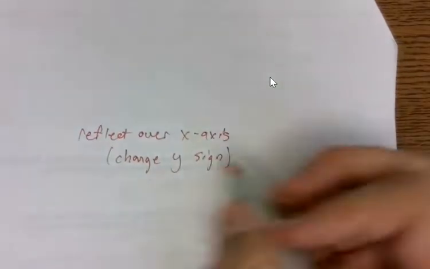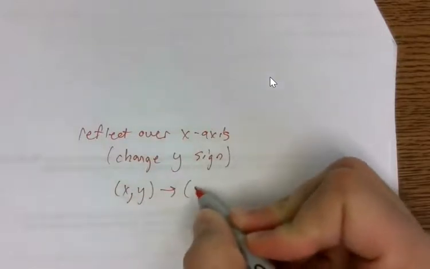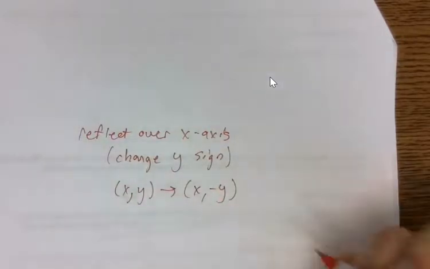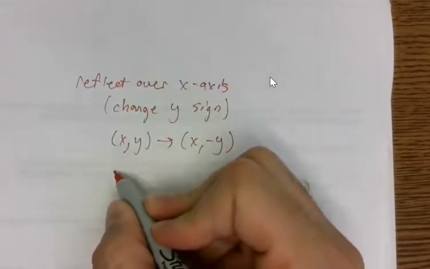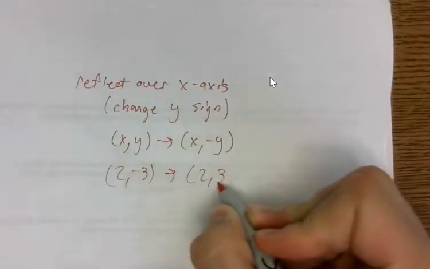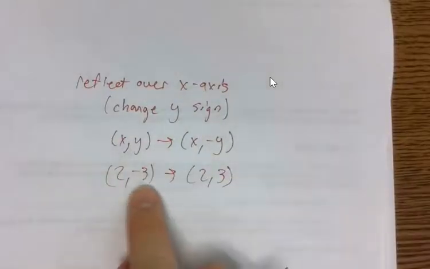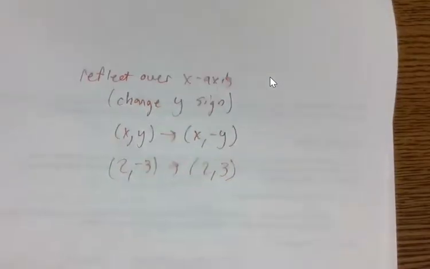So what I mean by that is (x, y) is going to become (x, negative y). An example of that would be (2, negative 3) would become (2, 3). Notice all I did was change the y sign. That's an example of reflecting a point over the x-axis.